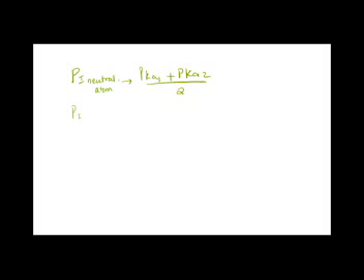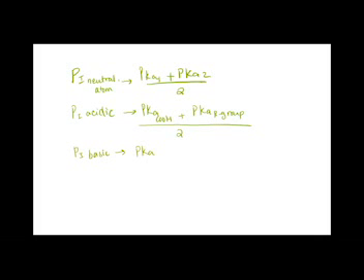If it's acidic, then you do the pKa of the carboxyl group with the pKa of the R group, divided by 2. If it's basic, then you do the amino group and then the R group.